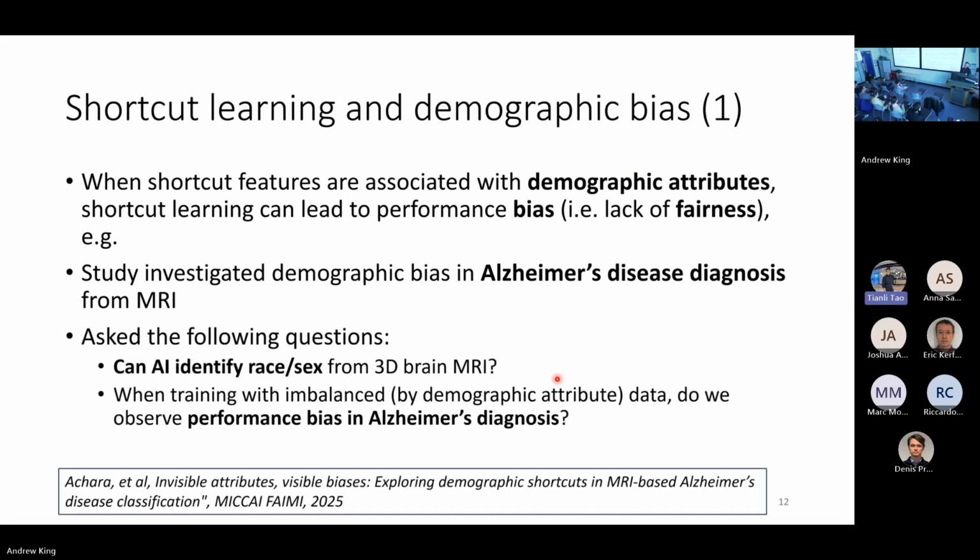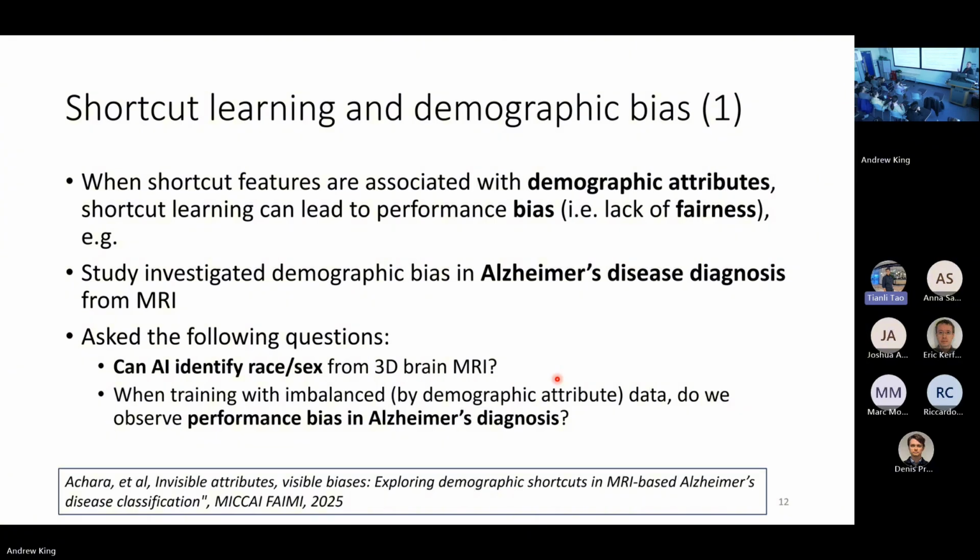So to illustrate, this is some of Akshit's work from last year. He looked at demographic bias in Alzheimer's disease diagnosis from MRI. And basically we were trying to answer two questions here. Is there a difference between brain MRIs based on sex or race? So can AI identify race and sex from brain MRI? Because that's kind of a precondition of demographic-based shortcut learning.